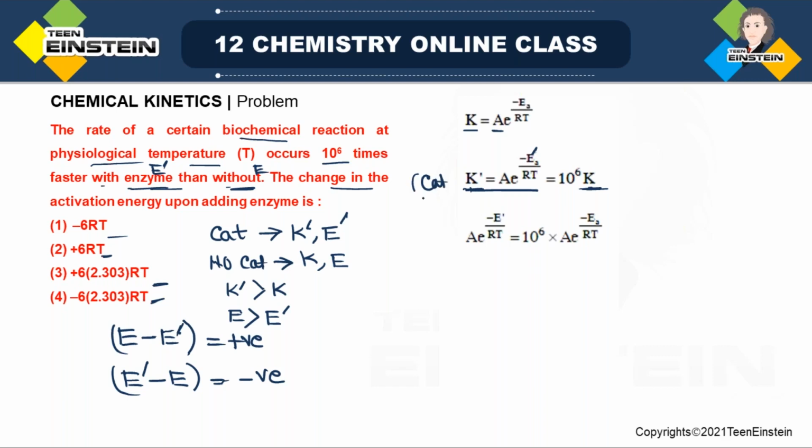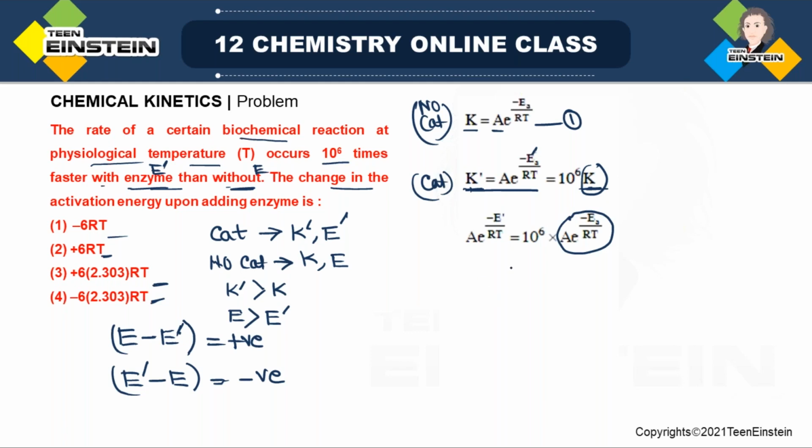So here the catalyst is present, and here there is no catalyst. Now in place of K, you can put the value from equation 1. When we put the value of K, A will be cancelled from both sides.